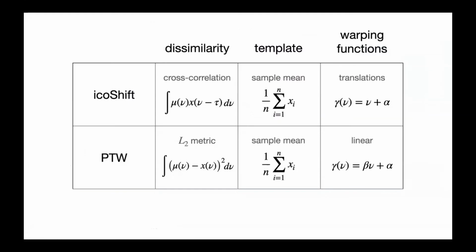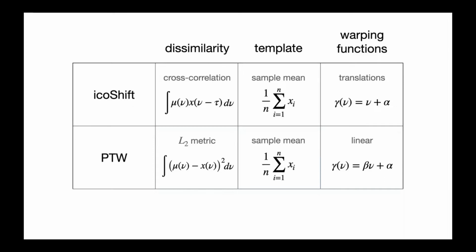So IcoShift and PTW are characterized by these traits. For IcoShift, the dissimilarity is the cross correlation, and the template is surprisingly the sample mean, which had that horrible shape that I showed earlier. For PTW, the dissimilarity is the L2 metric, and also the sample mean is the template.